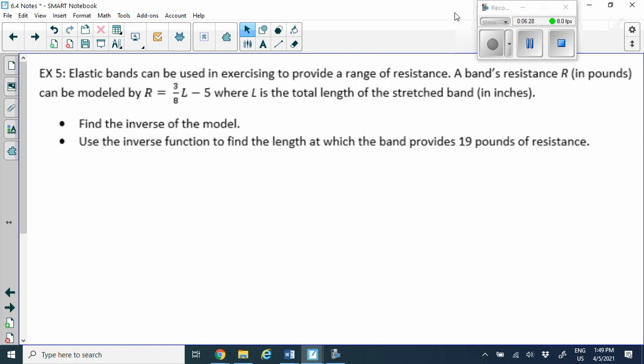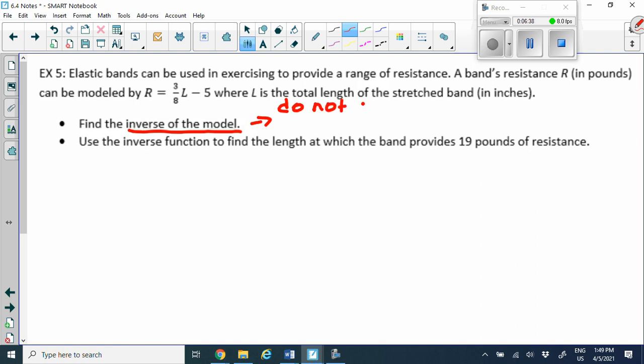Now when we have a real world problem and we're finding the inverse model, we're not going to switch the variables. Okay, so do not switch variables like we did when we just did the linear equation.